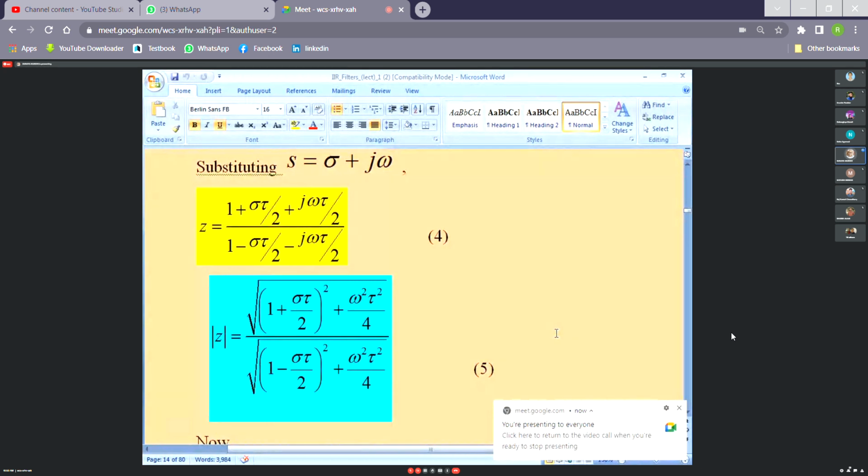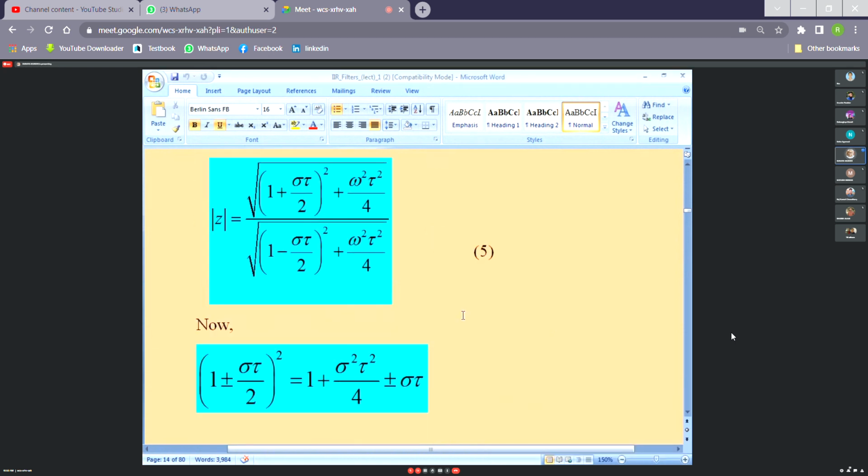If you consider three cases, sigma less than 0, sigma equal to 0, and sigma greater than 0, what will happen to the magnitude of Z? If you have a look at this term, 1 plus minus sigma tau by 2 whole squared, this is 1 plus sigma squared tau squared by 4 plus minus sigma tau.